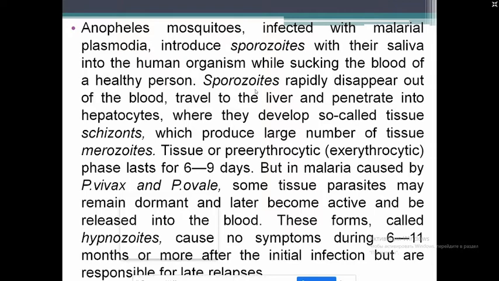Tissue or pre-erythrocytic or exo-erythrocytic phase lasts for 6 days, but in malaria caused by Plasmodium vivax and Plasmodium ovale, some tissue parasites may remain dormant and later become active and be released into the blood. These forms, called hypnozoites, cause no symptoms during 6-11 months or more after the initial infection, but are responsible for late relapses.